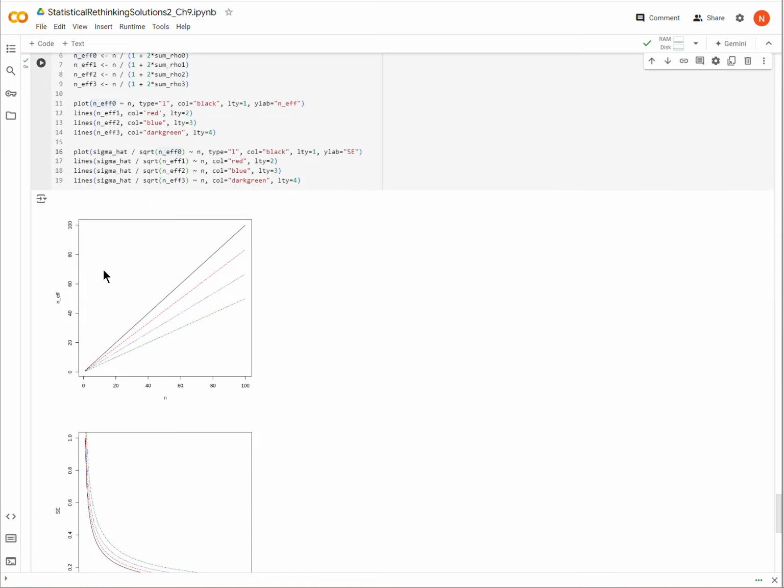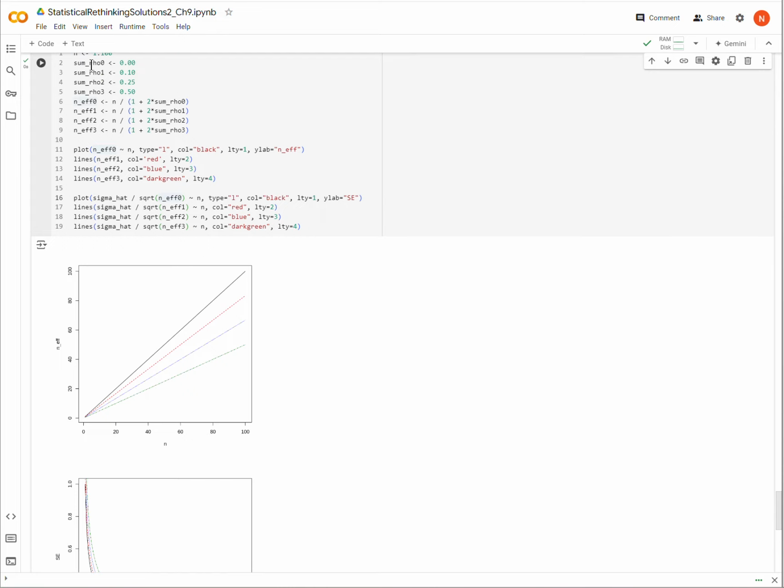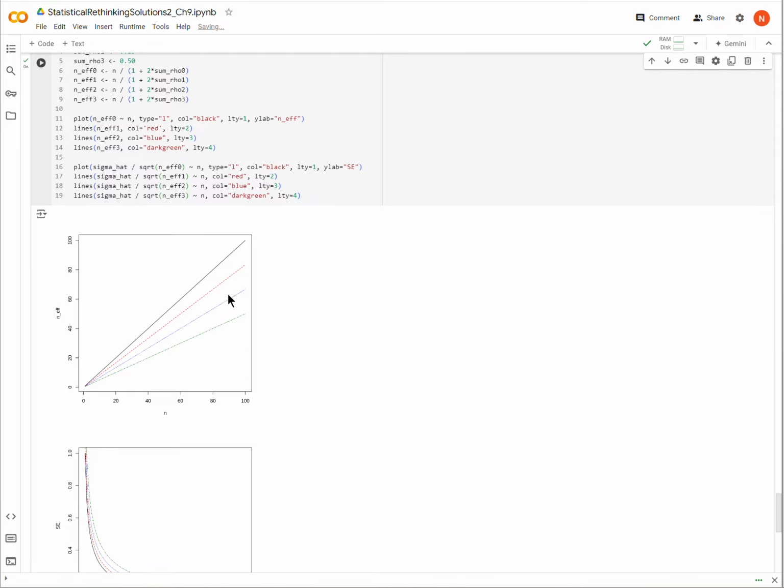This first plot is the number of effective sample sizes. The first line, this black line here, represents independent samples. That is when there is no correlation among iterations. The y-axis is the number of effective samples, and the x-axis is n, which is the number of iterations in our MCMC sampling run.